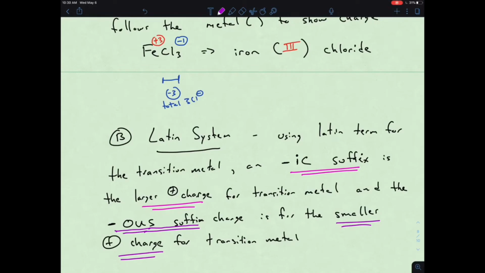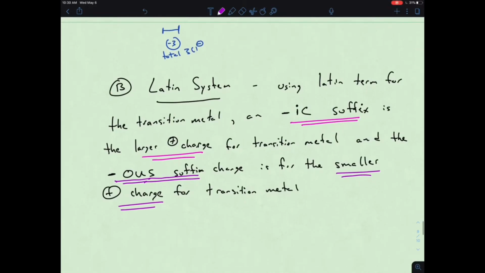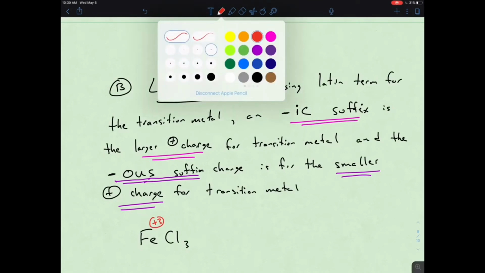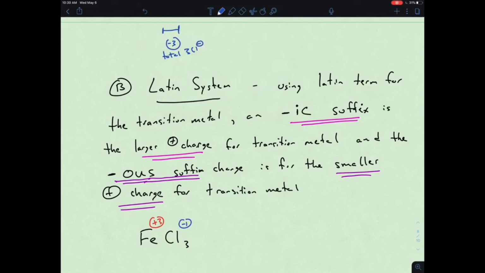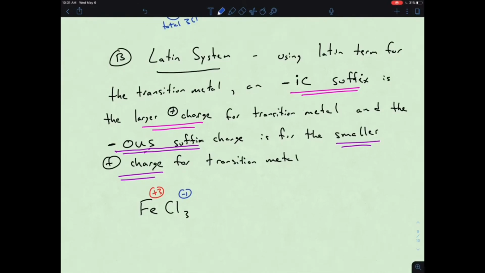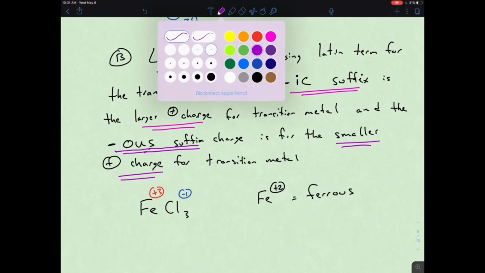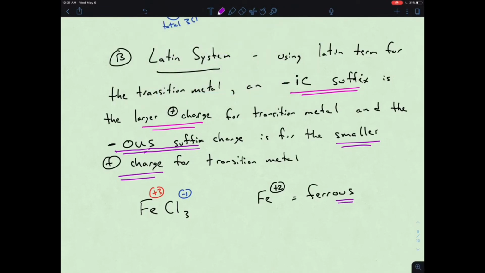Going with our example above, if I look at our iron(III) chloride, which we know now has that iron in the +3 state, we have our chlorides in the -1 state, so that's why we have that balanced picture. Iron +2 would be equal to ferrous. And so that's where we see this -ous suffix change.